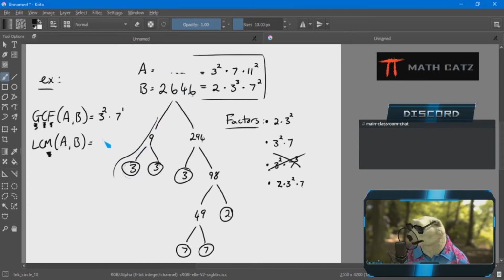So in order for A and B to fit both individually, I'm going to have to see some 2s, some 3s, some 7s, some 11s. A needs 3s, 7s, and 11s. B needs 2s, 3s, and 7s. So I'm going to have them all in there to make them both happy at some stage. Common. But I want to make it as small as possible. How many 2s can I get away with?